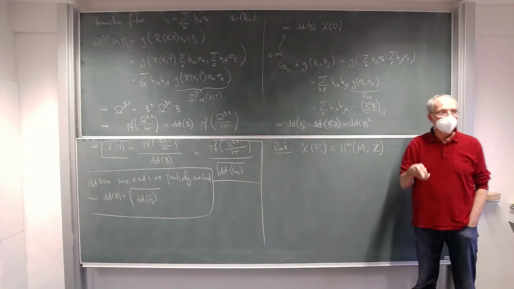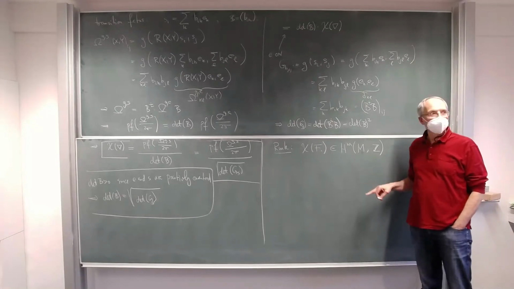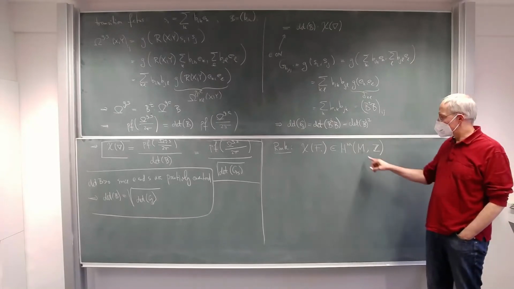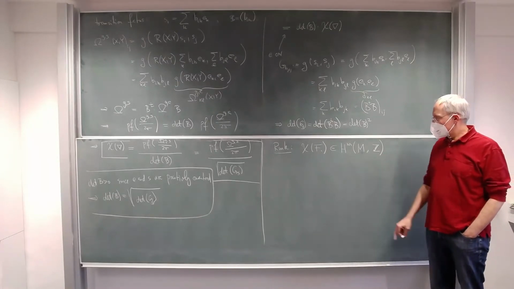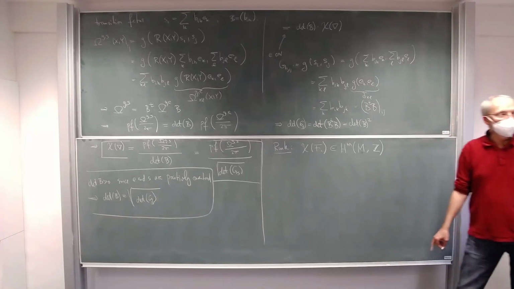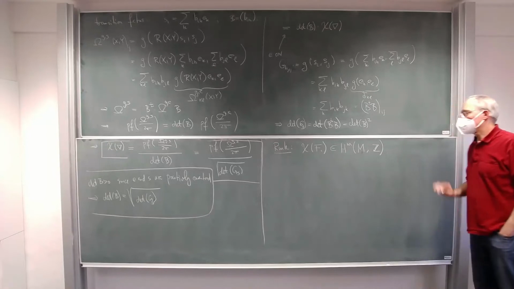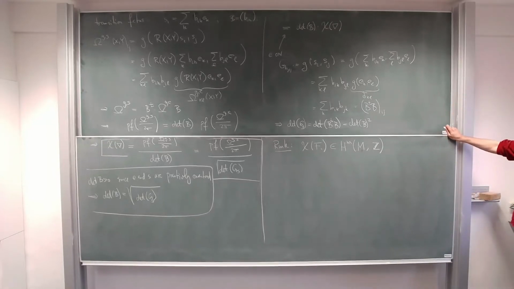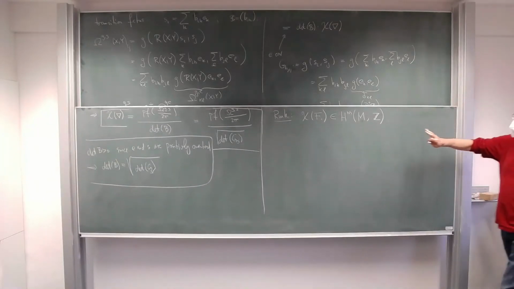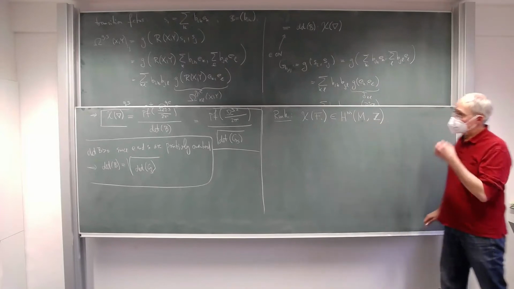So any other cycle is homologous to a multiple of the fundamental cycle, and then by the Gauss-Bonnet theorem, you get again an integer. Anyway, that's the same statement as for Chern classes.